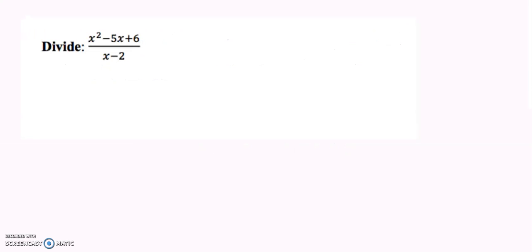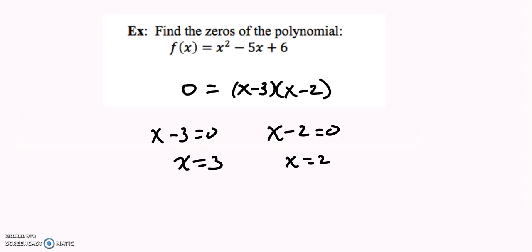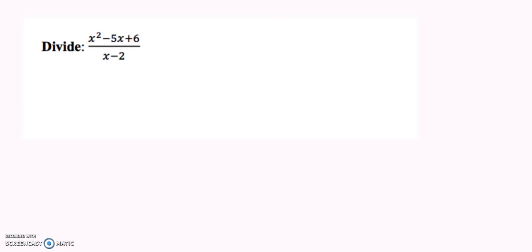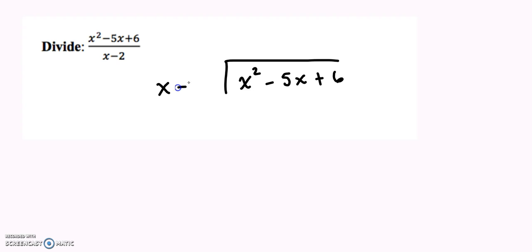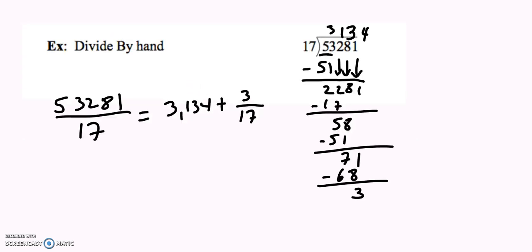We're going to take the function that we worked with up here, x squared minus 5x plus 6, and this time we're going to divide by x minus 2. So here's how it works. Just like in the last problem, I take a look at my divisor and see how many times it goes into the first couple terms of the dividend.